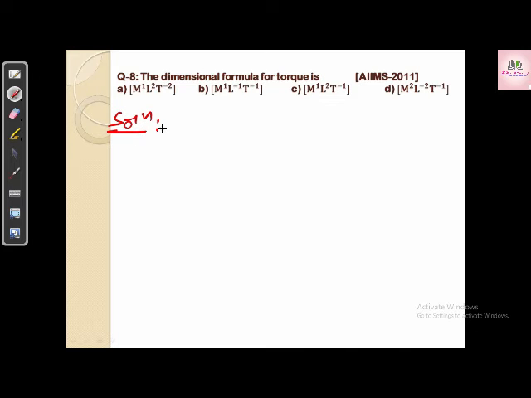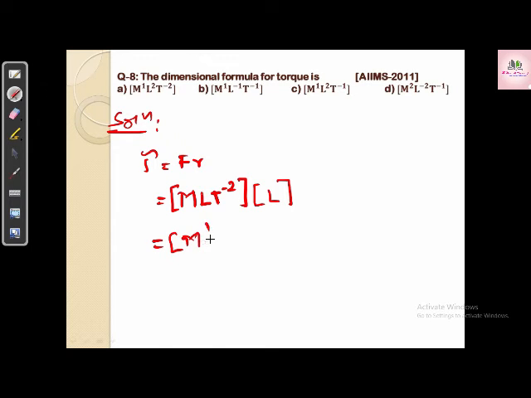So, solution. Torque, that is tau, is equal to force into radius or distance. Force has the dimension formula M L T to the power minus 2, and r has the dimension formula L. Simplifying, only one M is there, so M to the power 1.